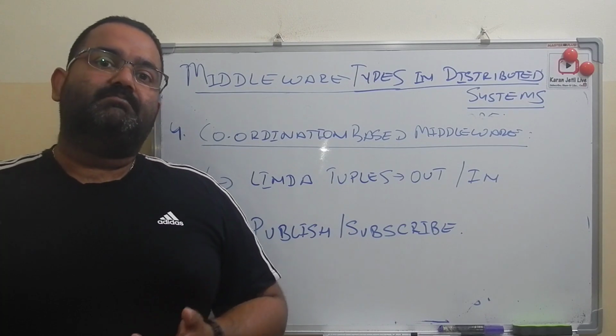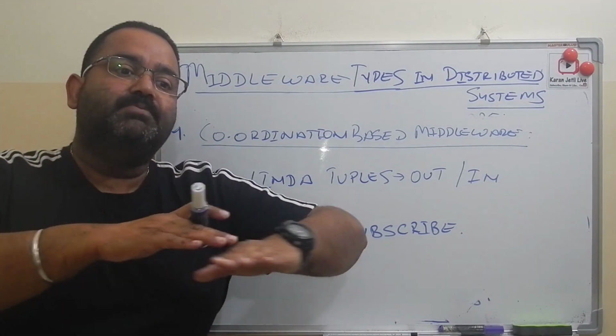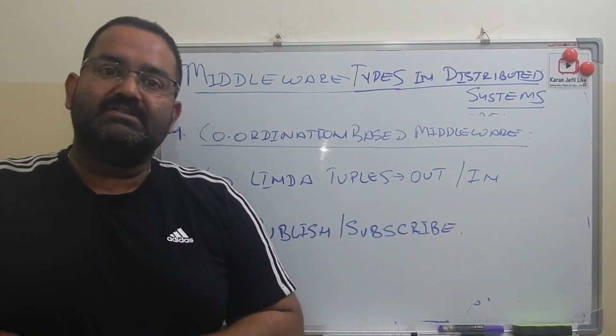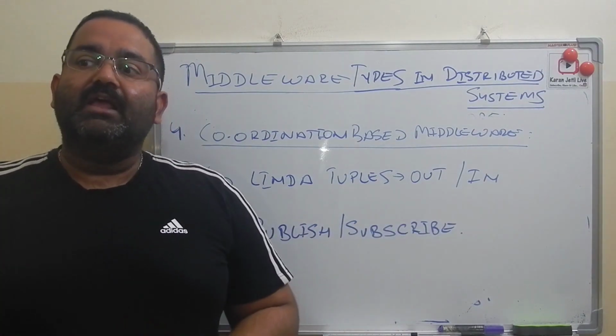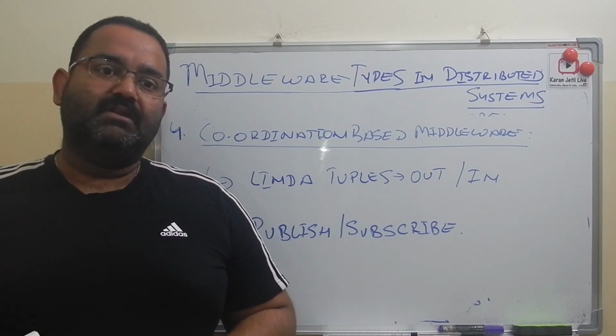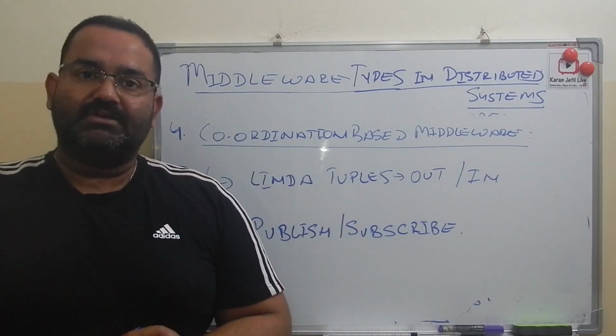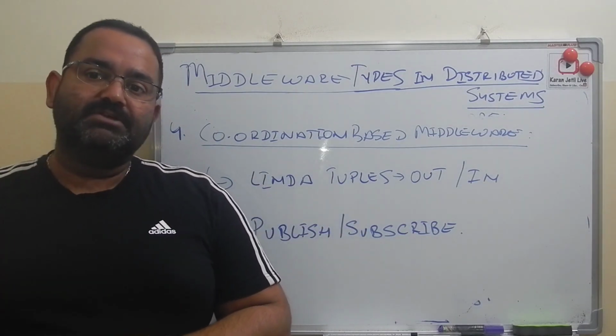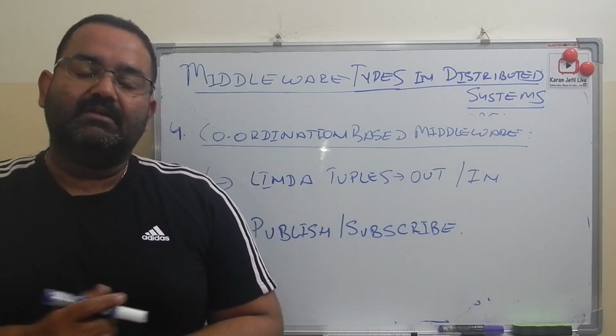Whenever a publisher publishes some information, it broadcasts to the network, and the clients who have subscribed get a notification that new information has been published.